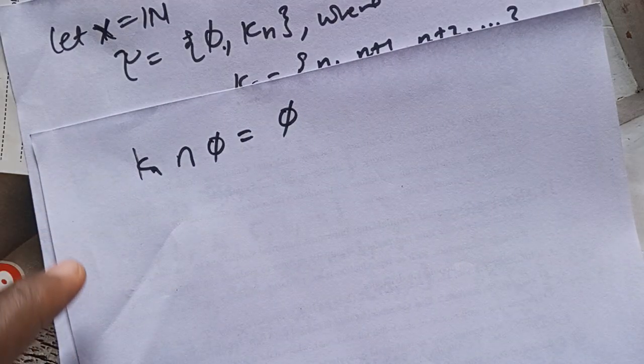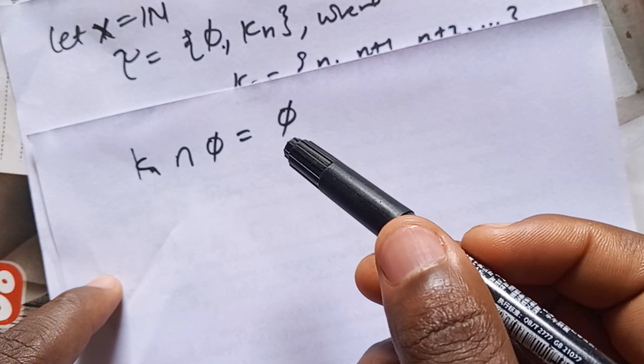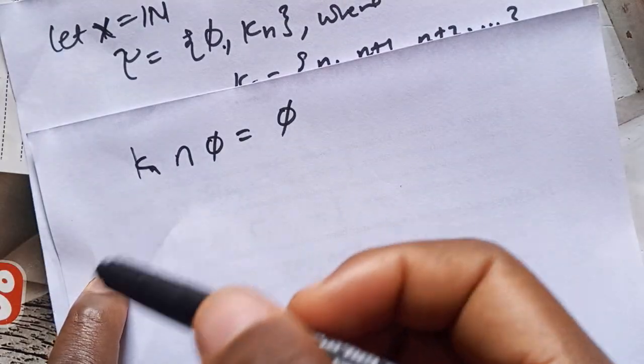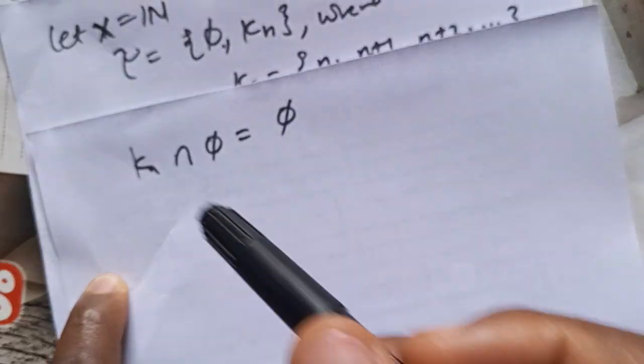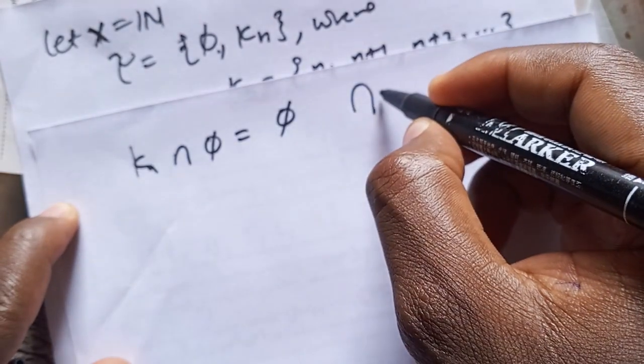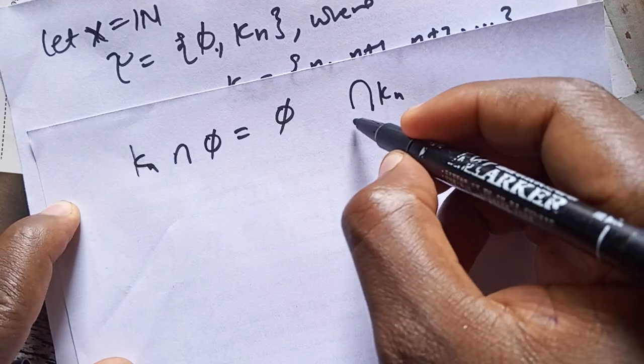So any of the Kn intersect the empty set will give me empty. If I do K1 intersect empty set, I have empty. If I do K2 intersect empty set, I have empty. If I do K3 intersect empty set, I have empty. So that becomes trivial.